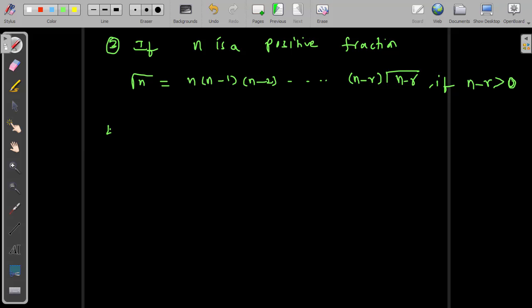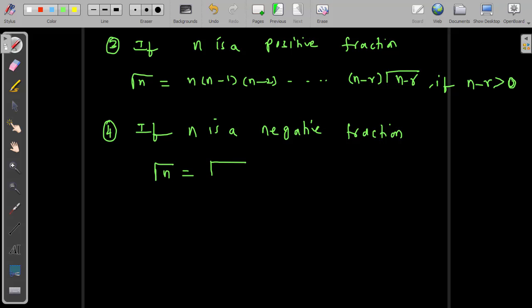So here number 4 is, if n is a negative fraction, the rule is given like this: gamma of n equals gamma of n plus 1 divided by n. This is the rule for negative fractions.